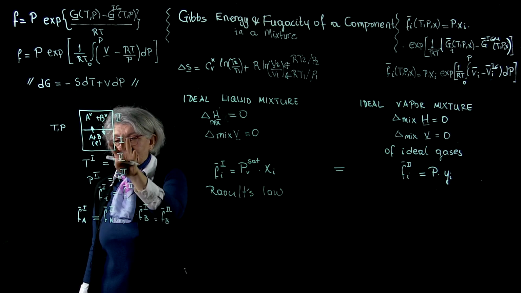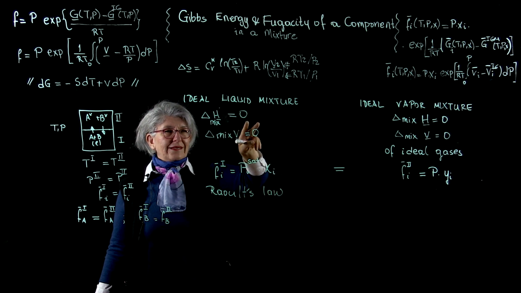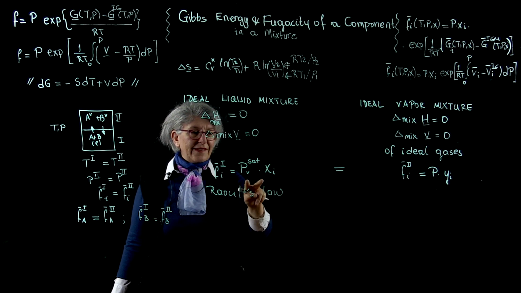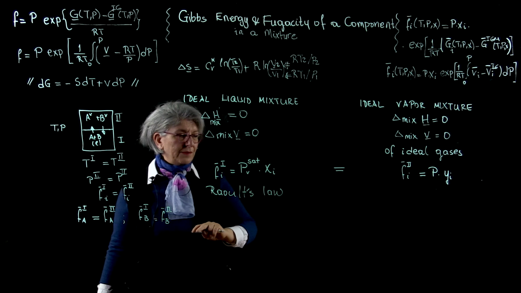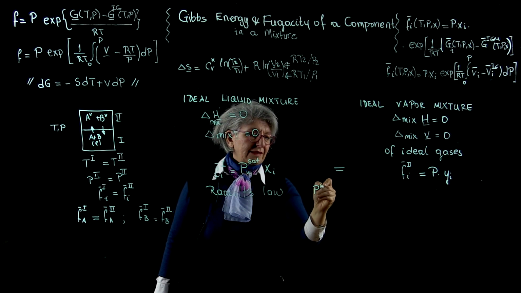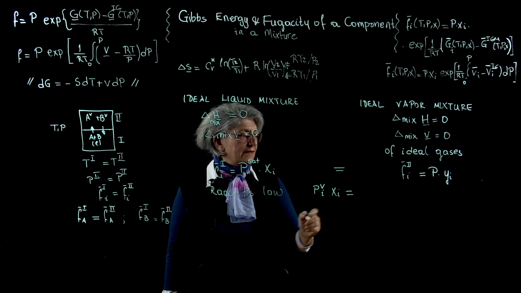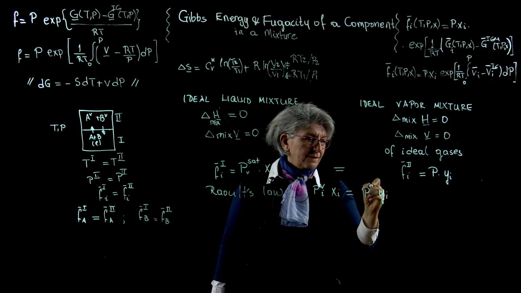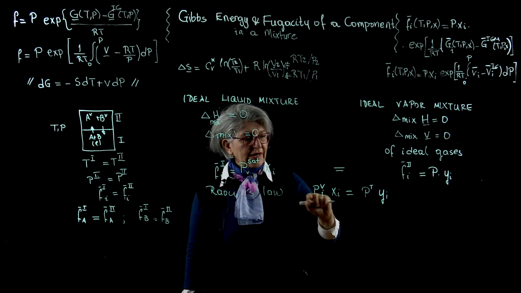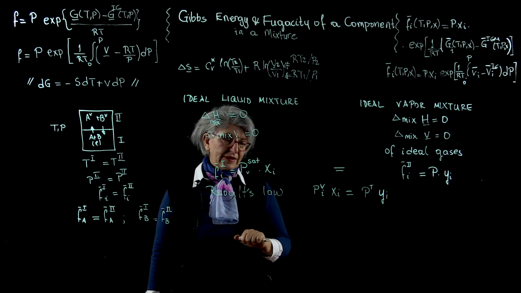All right? And starting from this, applying the conditions that we deduce because our mixtures are ideal, we arrive at a relatively simple expression which we call the Raoult's law, which says that the mole fraction in the vapor phase can be estimated from the mole fraction in the liquid phase, total pressure, and the vapor pressure of component i in the pure state.